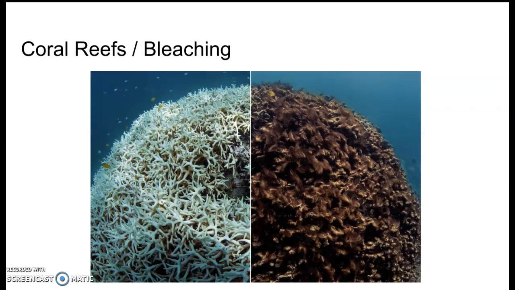So things that you can do to prevent coral bleaching is basically reduce the amount of fossil fuels that we're using. That means if you could leave your lights off when you're not using them, if you can walk or use public transportation rather than driving, minimize the amount of travel that you do.